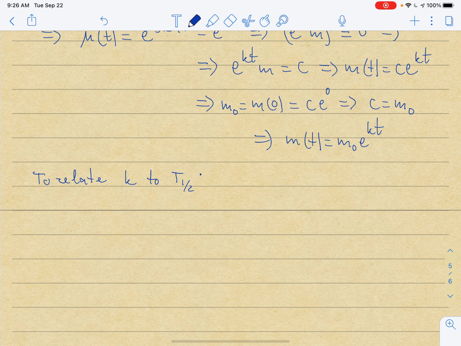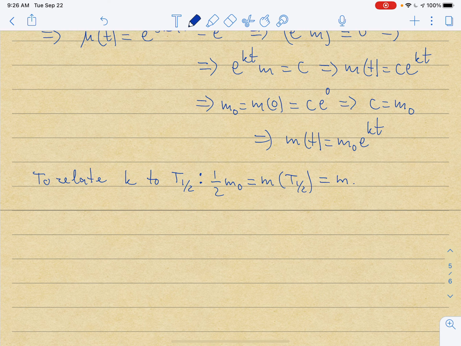here is what we're going to do. We know that the mass after half-life is going to be 1/2 of the mass that you had in the beginning. And on the other hand, m at t 1/2 is determined again by the expression for m of t that we figured out.